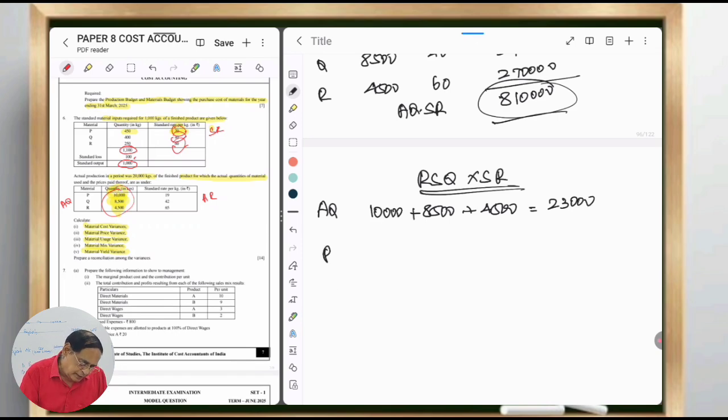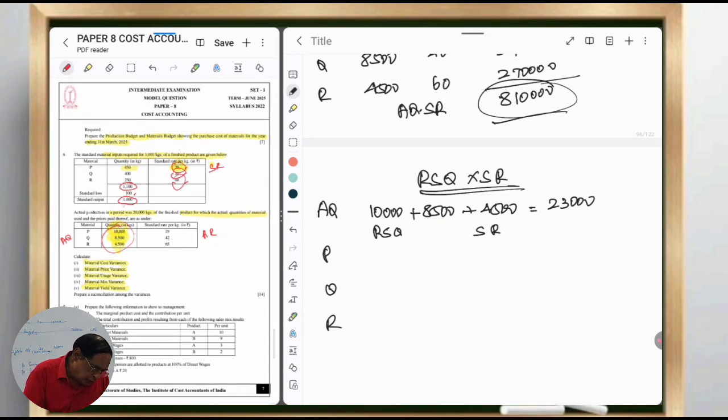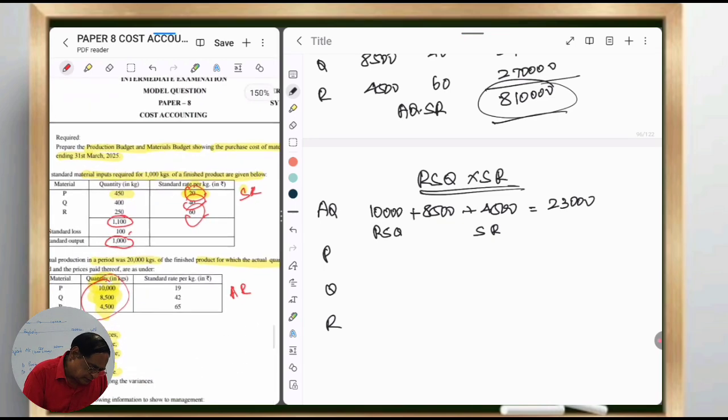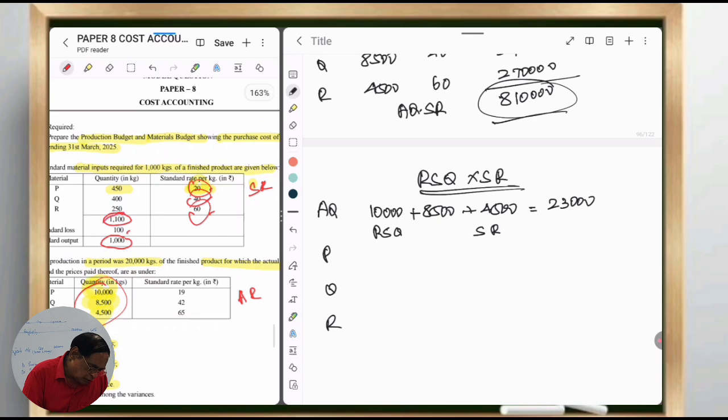So for P, Q, R, we have to find out what the quantity actually is for 23,000. So here it is RSQ, revised standard quantity, into SR. How to find out RSQ? For 1100 units, that is the total standard quantity of all materials.